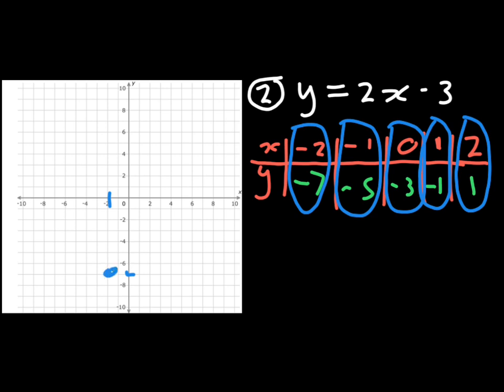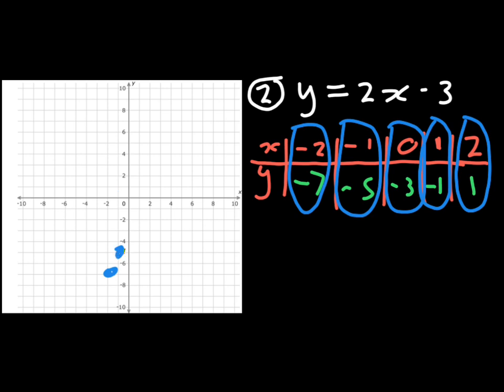So here we have the point -2 and -7. Our next point is -1 and -5. So x equals -1 would be there, and y equals -5 would be there. So where those two lines intersect, we make our next point.